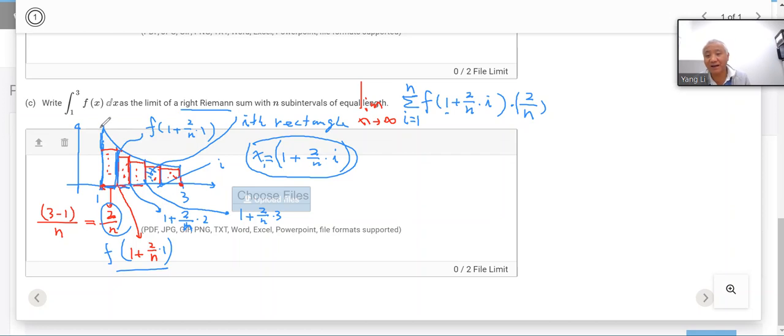That will exactly match the area underneath the curve. Actually, that's the integral from 1 to 3 of f(x) dx. That one equals this one. So that's why we write this as the limit of the Riemann sum.